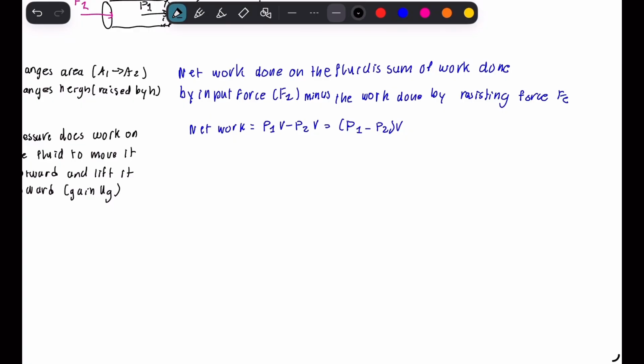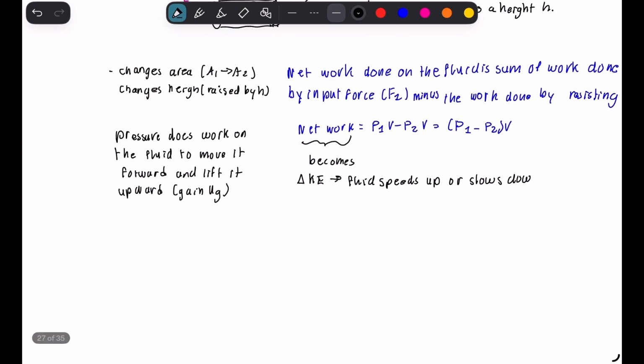So what this means is that net work becomes kinetic energy change. That means that the fluid speeds up or slows down. And that's how you get your gravitational potential energy change, which means that the fluid rises or falls.